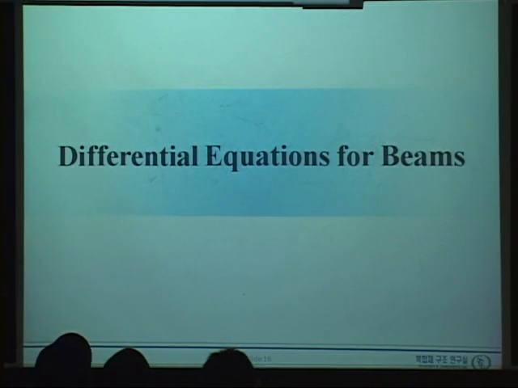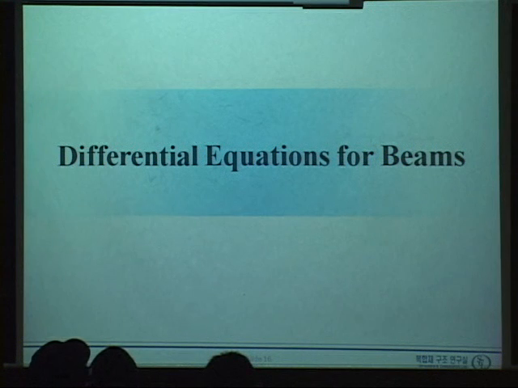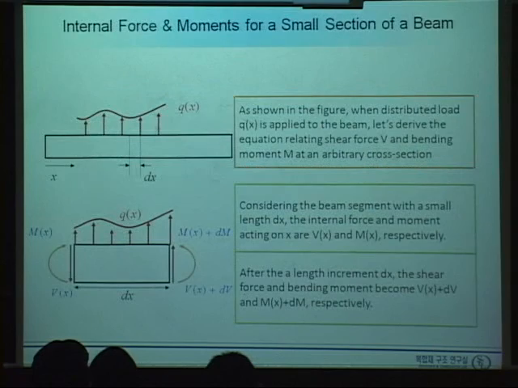Now with this sign convention, let's try the differential equation. What is the differential equation? Well, we will derive the equilibrium equations for a beam. This is the first step of the derivation of beam theory.